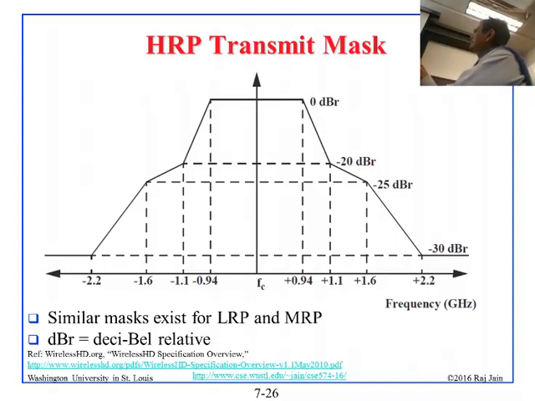And that is done by specifying that you cannot be more than this amount, so by this time, you have to be minus 30 dBr. And minus 30 means 1,000 times. Minus 20 means 100 times. And so on. Right? 20 dBr is 100th in non-log scale.